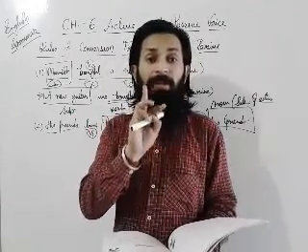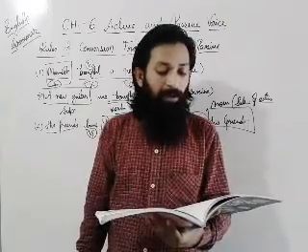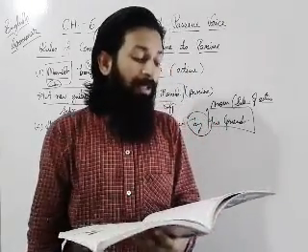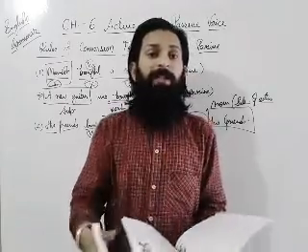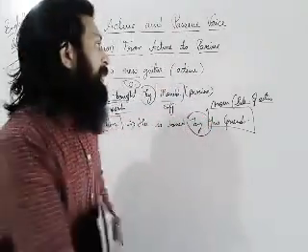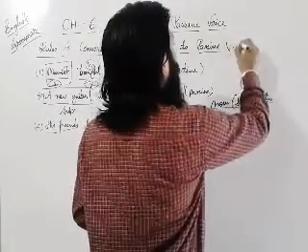Now rule number three. The verb in the active is changed to a suitable auxiliary plus past participle. Dear students, one more important thing about passive voice: whenever anyone asks you about passive voice, keep it in your mind that passive voice means verb third form.